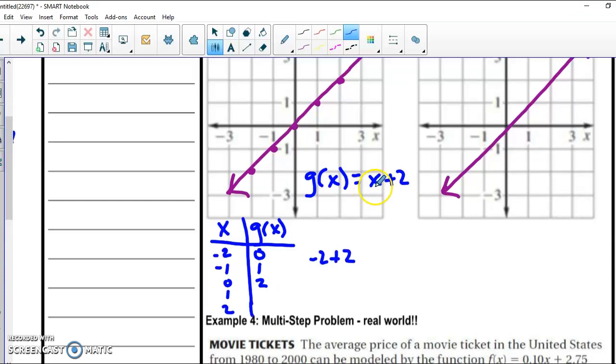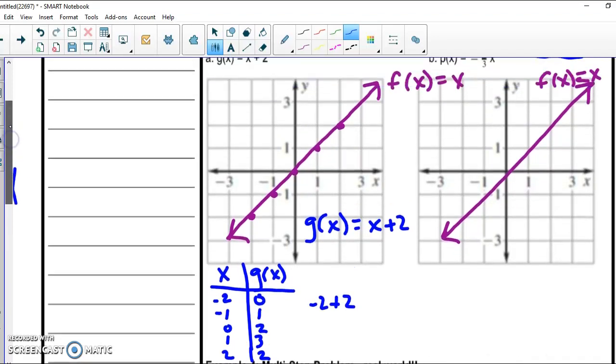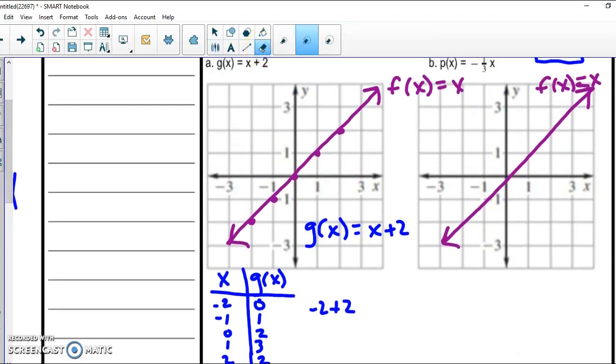Now I'm going to substitute 1 in for x. 1 plus 2 is 3. Finally, I'll substitute 2 for x. 2 plus 2 is 4. So these are my coordinates: -2, 0, -1, 1, 0, 2, and so on. So let's clear our graph space and go up and graph these.